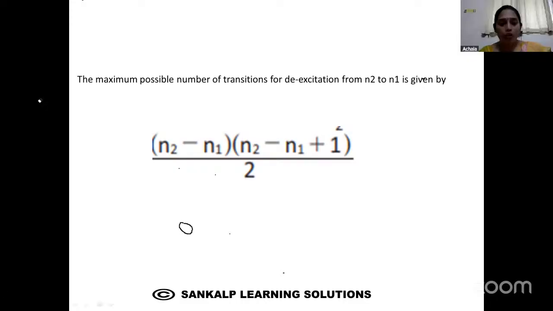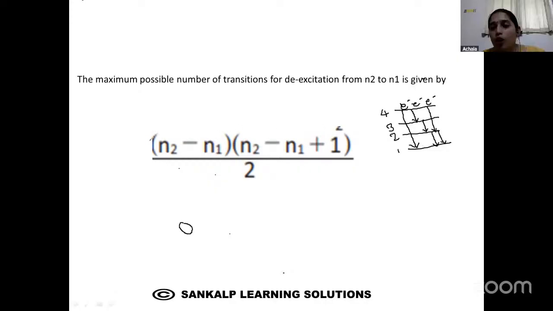See here, if the electron is jumping from the fourth orbit to the first orbit, 1, 2, 3, 4, then there are many possibilities. It may jump from the fourth to the first orbit, or from fourth to third, third to second and second to first orbit, or from fourth to second orbit and second to first orbit. These different possibilities are there for electrons to jump from a higher energy level to a lower energy level.